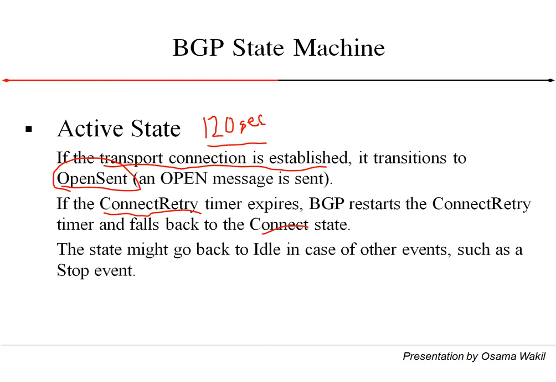We can look at the interface used to reach the neighbor and see if some ACL or filter is configured on that interface, or maybe there is a firewall in between blocking it. So we have to troubleshoot the neighbor reachability issue.